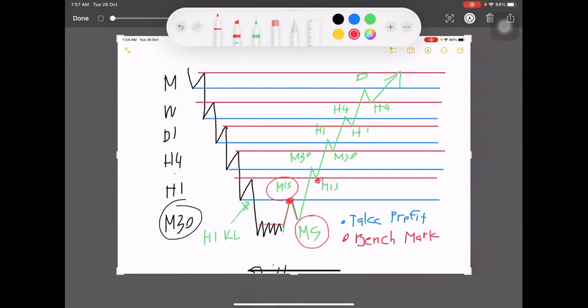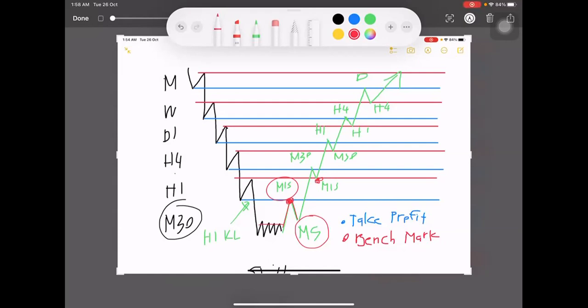And if we reject the H4, we go long from that M30, which is a setup, targeting the weekly.